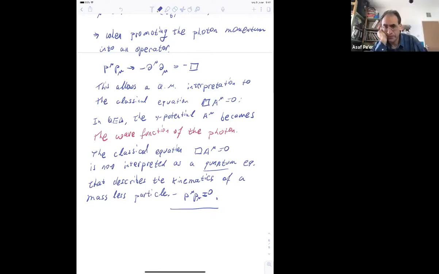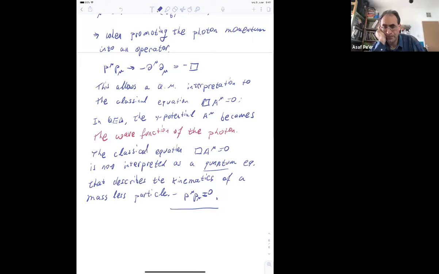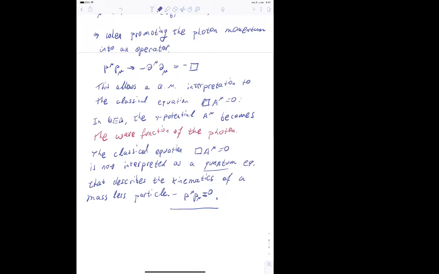Right. And extract results like the Zeeman effect and Stark effect, and even the hydrogen atom, which uses the electric field. How does it?